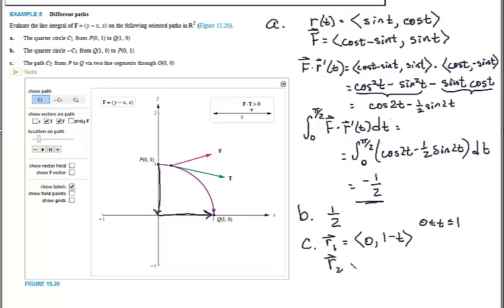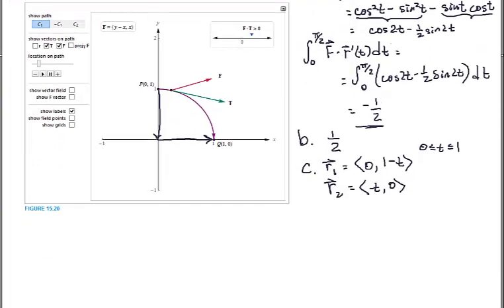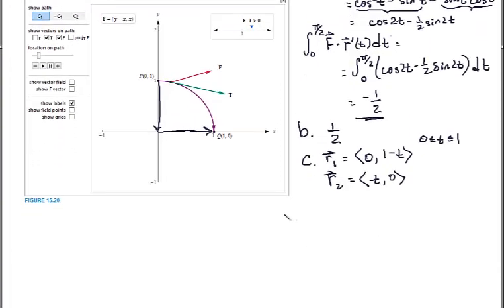And then r2 is going to be t, 0. I'm going to do this in 2 separate segments, so that means I'll have 2 separate integrals.